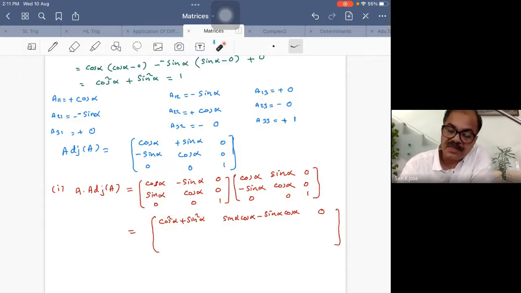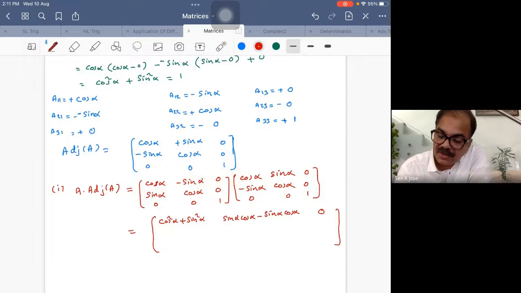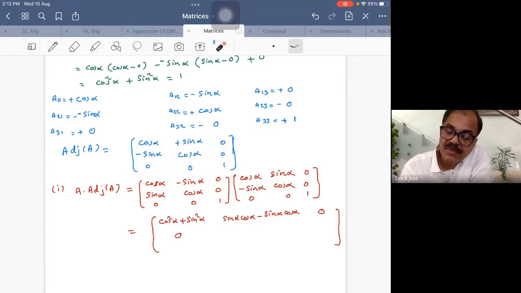Oh, it's going to be pretty simple now. So now the second row into the first column. That will give me sine alpha into cos alpha minus sine alpha into cos alpha. So can we directly write 0 there? Do you understand that? Sin alpha into cos alpha is sin alpha cos alpha, then cos alpha into minus sin alpha is minus sin alpha cos alpha, so it is 0.